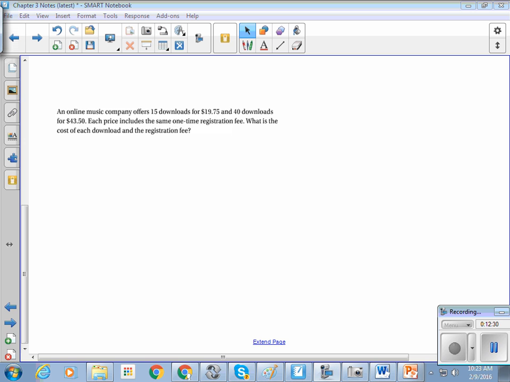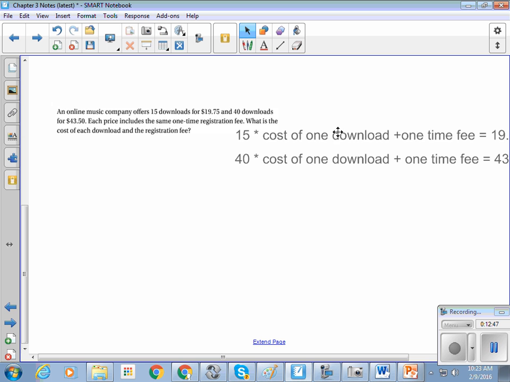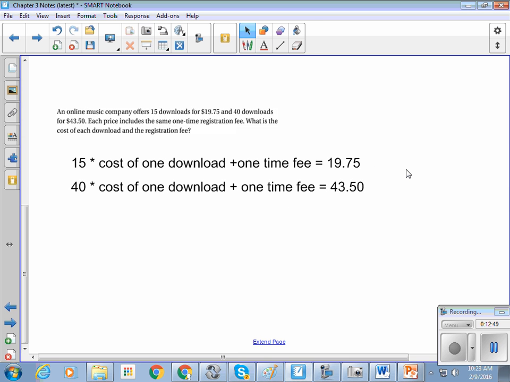All right, so we need to look at how am I going to put this information in a usable format, and then how does this apply to the problem? Okay, so we're going to have two equations.